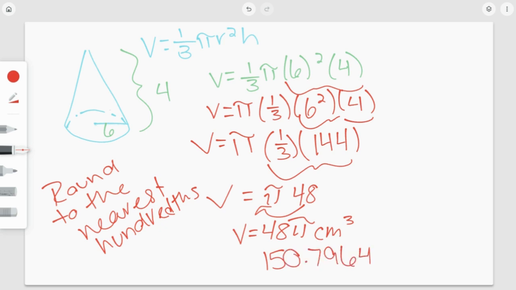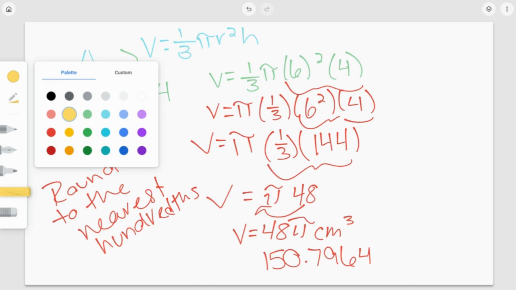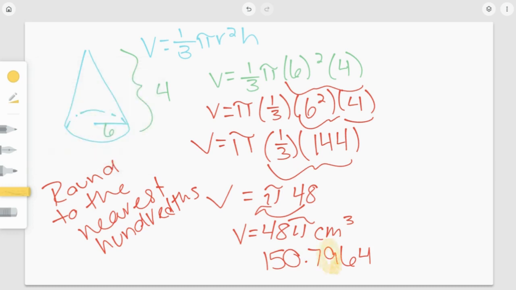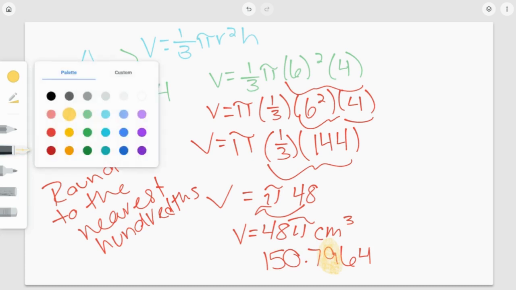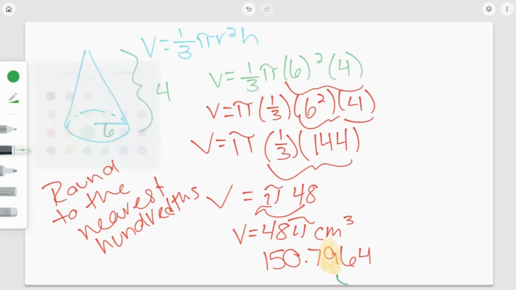Okay, now the hundredths place is right here. So the 9 is in the hundredths place. What that means is I have to look at the 6. If the 6 is greater than or equal to 5, I'm going to raise the 9 up. Since 6 is greater than 5, this now becomes 150.80 because we had to raise it up. And that is centimeters cubed. And that is the volume of a cone.